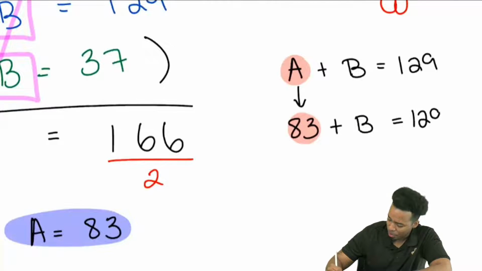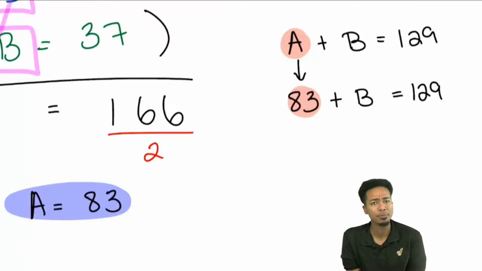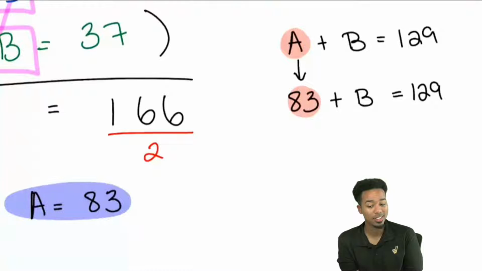And then everybody, if we wanted to get B by itself, it looks like we're going to have to get rid of that 83. Everyone, how do we just get rid of a number that's just sitting there again? It's a positive 83 sitting there. We want to cancel it out, but how do we do it? Jesse, that's right.